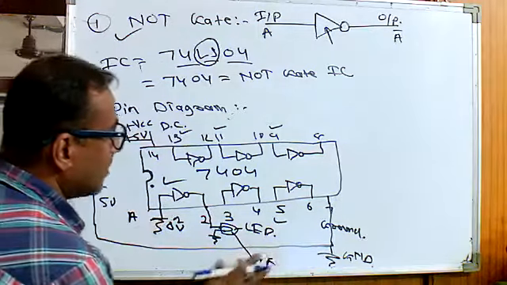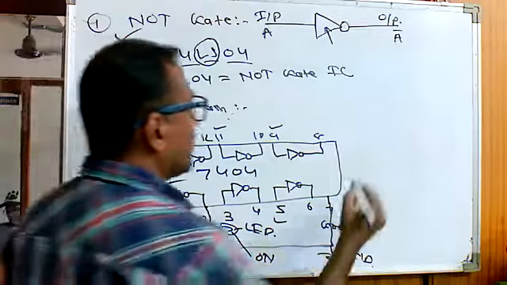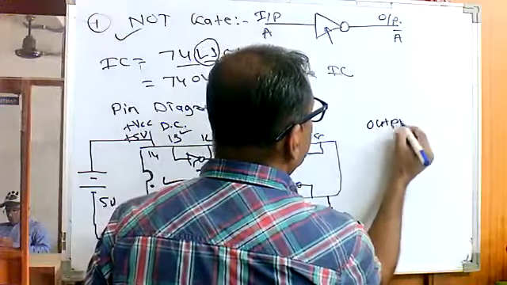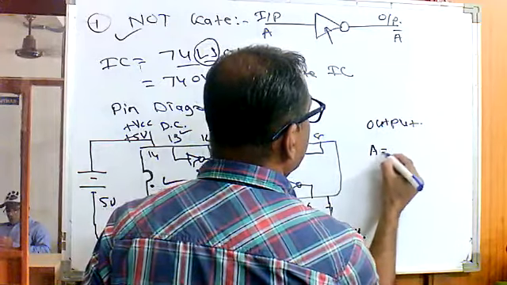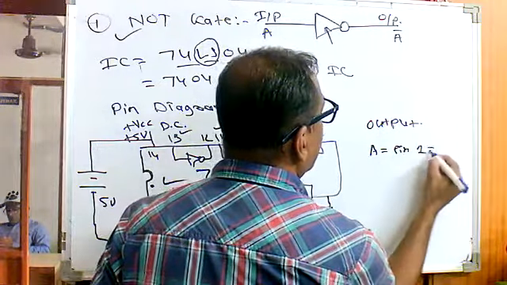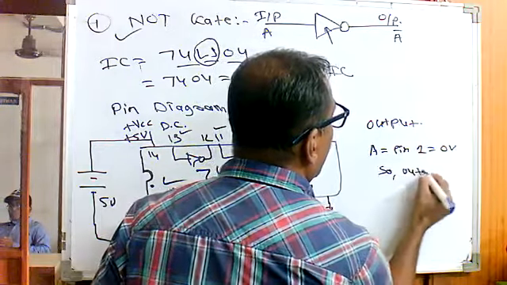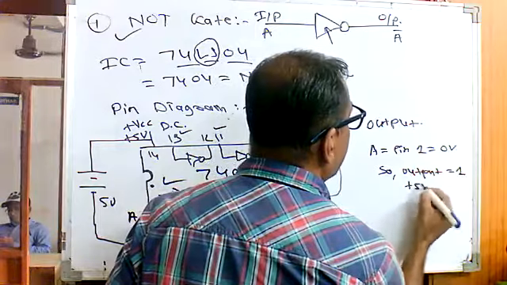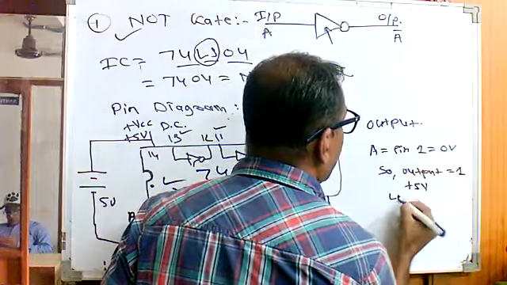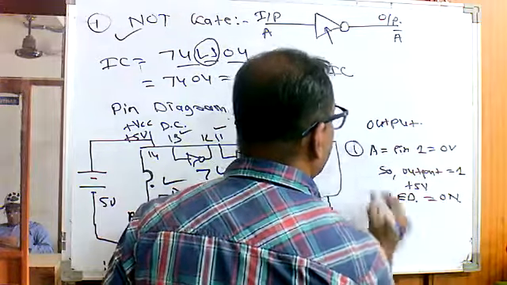So the output is 1, meaning plus 5 volt, and the LED is on.